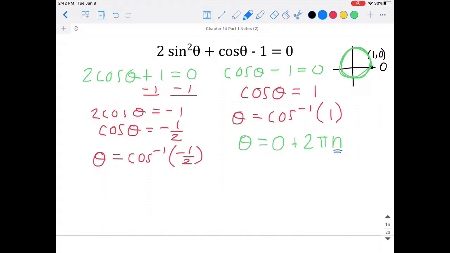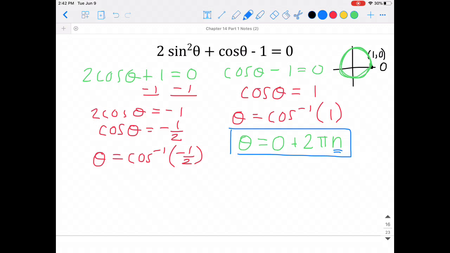So the first time we go around, it's going to be 2 pi. The second time is going to be 4 pi, and so on. And we have to do that in the negative direction as well. So your complete solution for inverse cosine of 1 is theta equals 0 plus 2 pi n. That's going to give us the complete solutions for every theta.